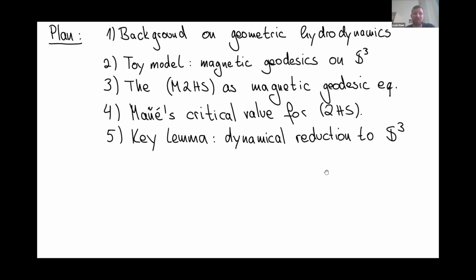Then we will see what it means to have a Mañé's critical value for that type of PDE. And in the end, we will go to the key lemma to bring the toy model and the PDE together. The key lemma is the dynamical reduction of everything to S3.